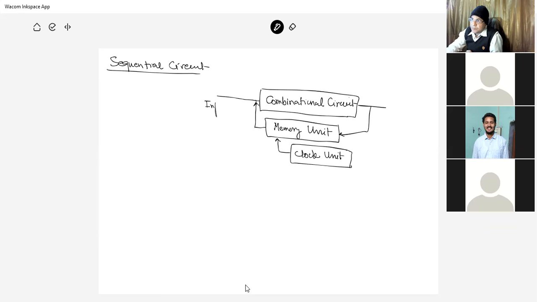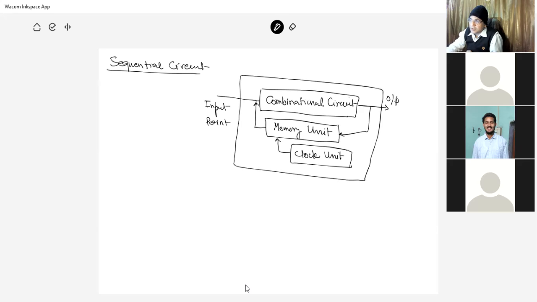So this is the input point, and here is the output point. This complete block is known as sequential circuit.